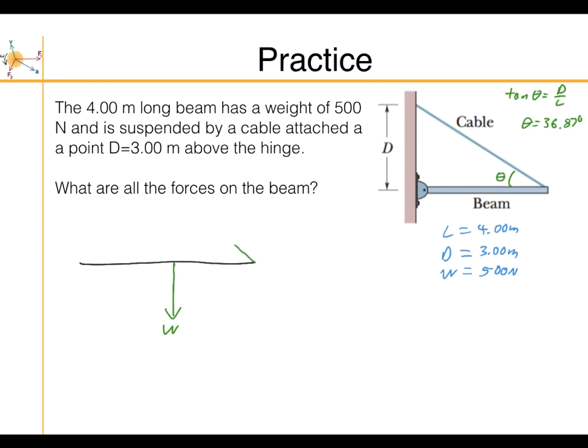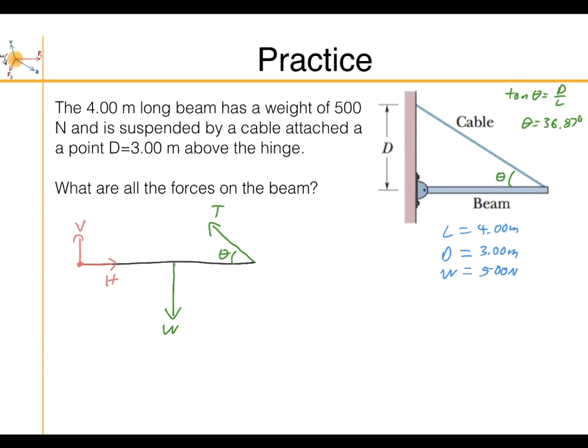There's going to be a tension due to that cable. We know this angle here. And you see here the beam is attached to the wall via like a vise or a grip or something like that. So we're going to assume that there's some two-dimensional force here, and I'm going to break it into two components, horizontal and vertical.